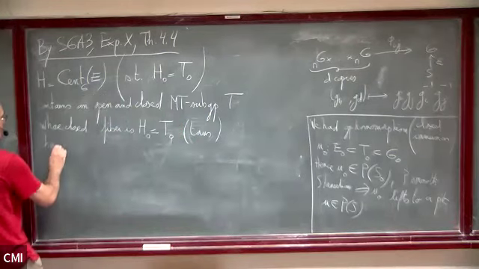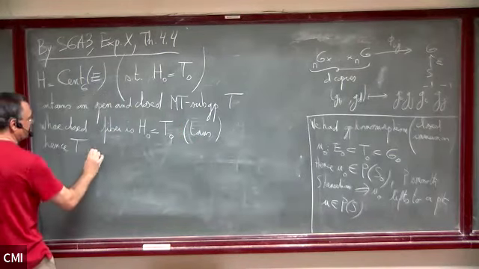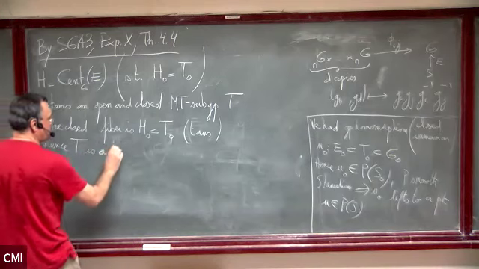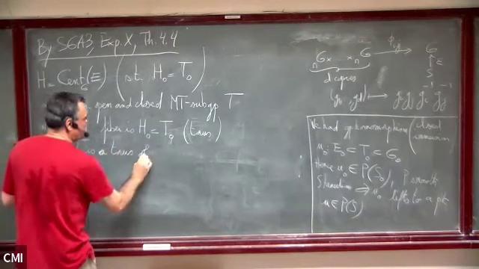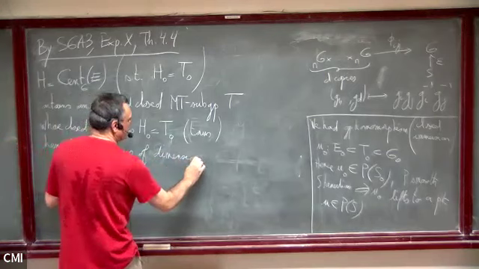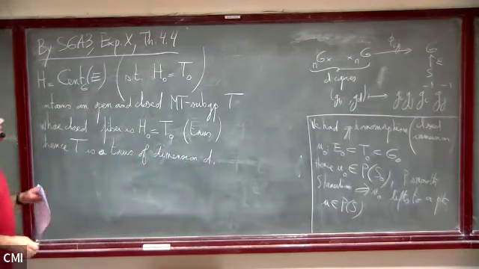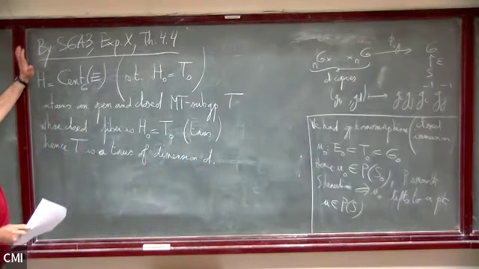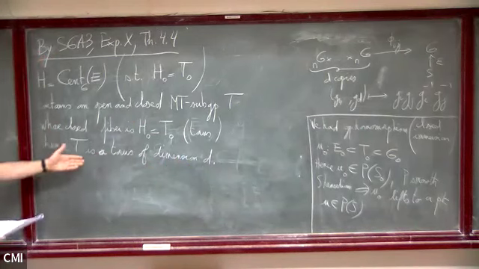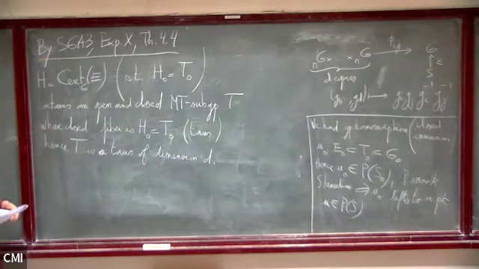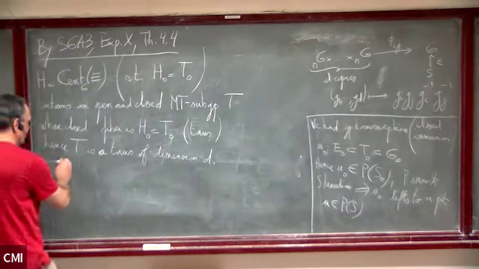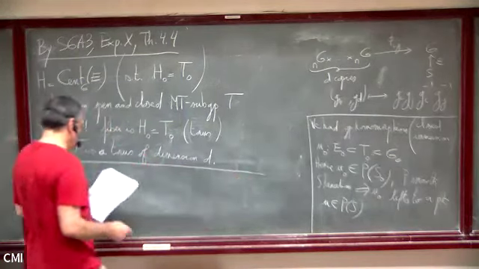Hence, T is a torus of dimension D. Okay, so we assume this given, and we just prove that it is a maximal torus, and then I will prove this theorem, which is very tricky.